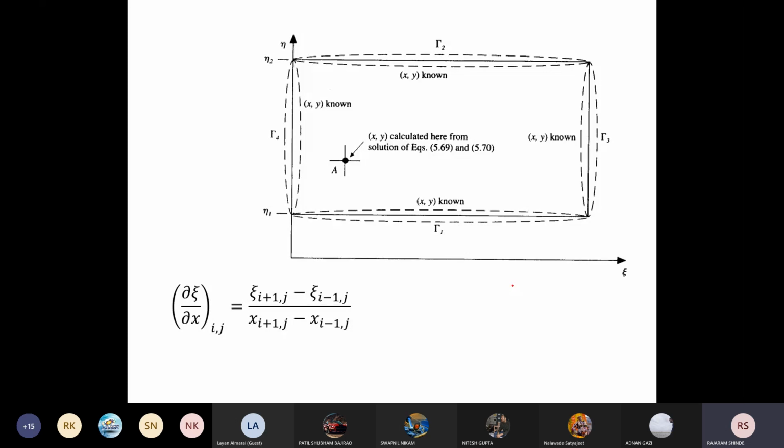The elliptic grid generation does not give a closed form analytical solution, but it produces a set of numbers, and that set of numbers we can use for locating the grid points in the xy plane in physical space, and those xy points correspond to the grid points in the computational plane.